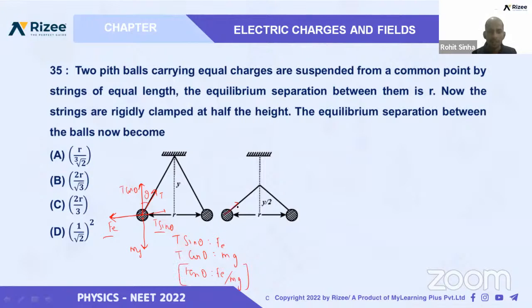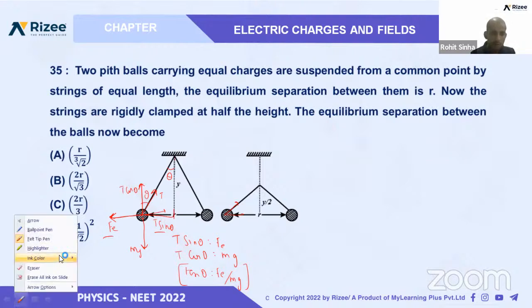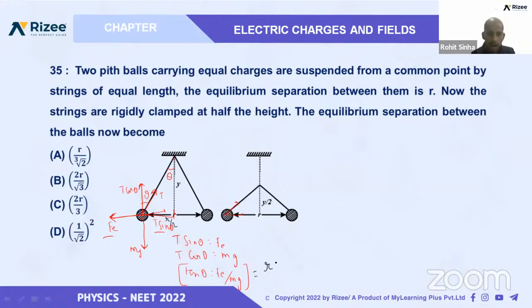Similarly, we can write for this also. If this is theta, this will also be theta, alternate angle. This is given y, and suppose this is r. It is given r, so it will be r by 2. So tan theta is equal to r by 2 by y. Similarly, you have to write for this also.